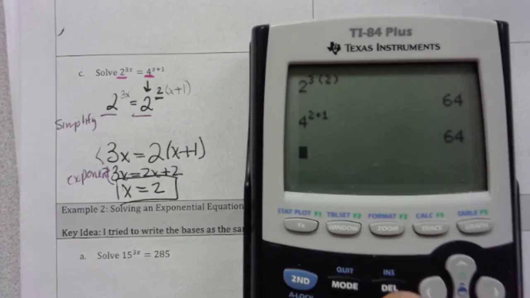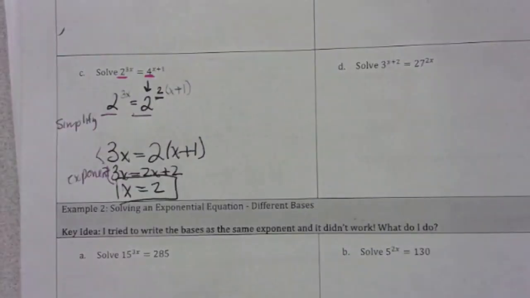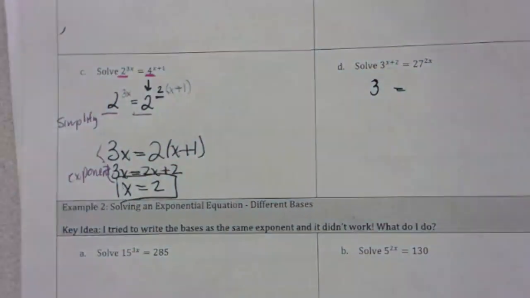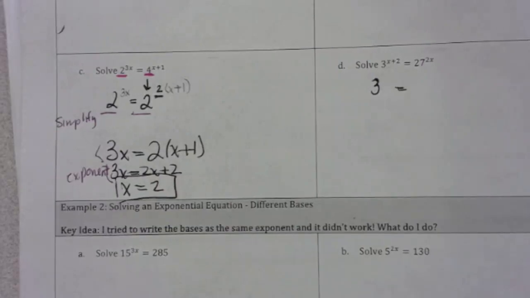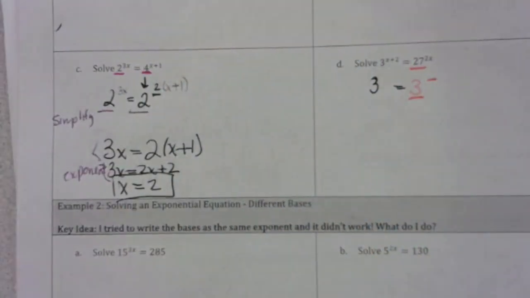See if you can try that here on D. What I mean by that is we already have a 3. My question is, what would this have to be? We know it has to be a 3 as a base. What would you get for the exponent though?